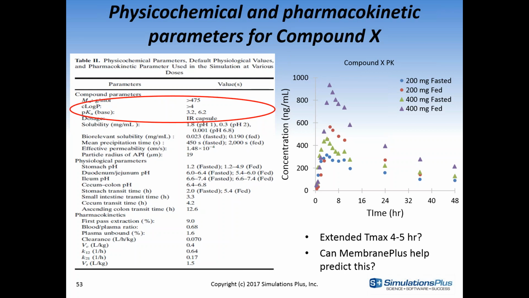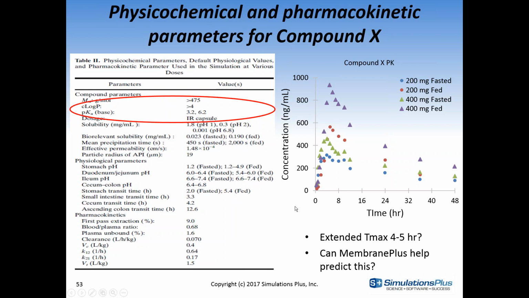And we wanted to really determine if we could predict this. And this compound is basic and has low solubility at physiologic pH, so there's also the potential for precipitation. They show in their paper that they needed to use a precipitation time of 450 seconds, or 2,000 seconds in the fed state, to predict the PK.